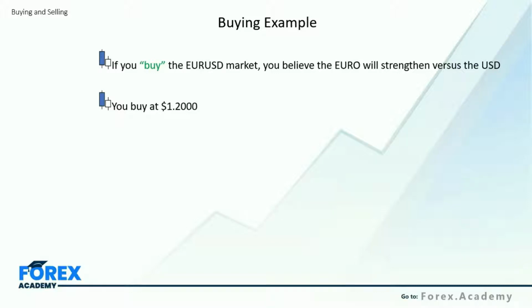So €1 we would be able to exchange for the quoted price on a euro dollar price chart, and the price that you're quoted is what you will get in exchange for €1. So effectively, for every €1 in this example, you will receive $1.20 in exchange for €1.